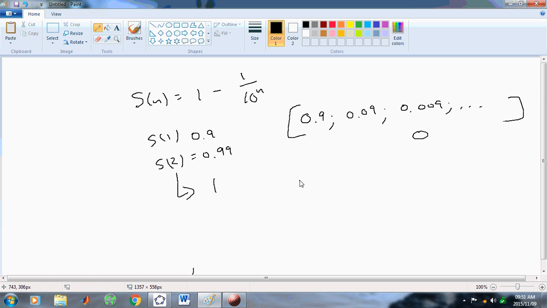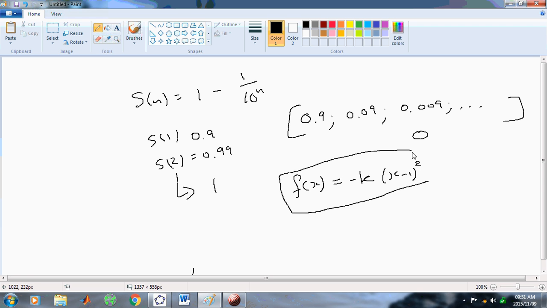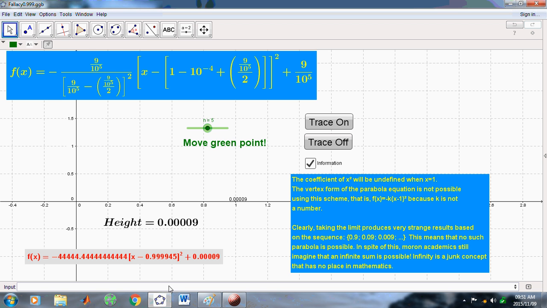But if we replace it in the equation of the parabola, which is this, oops, I didn't mean to do that, which is that, we end up with this equation here and a constant of x squared that is undefined. Okay, so we can't just take the value of a limit and place it in a formula as you see over here.